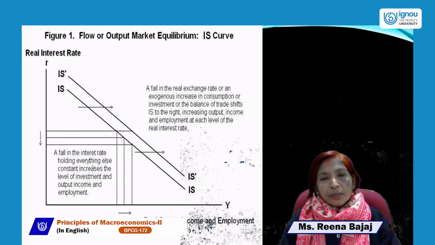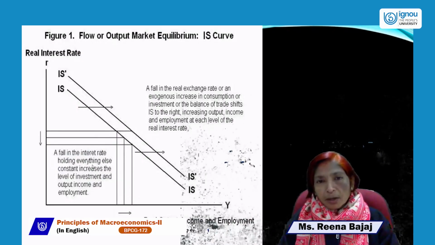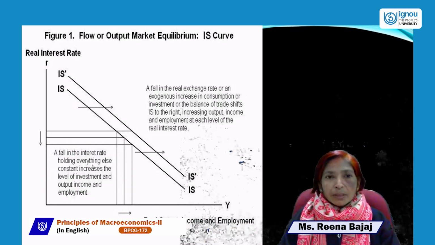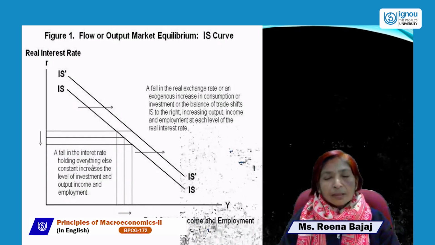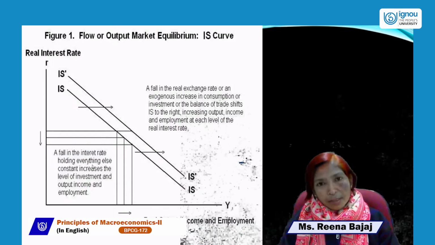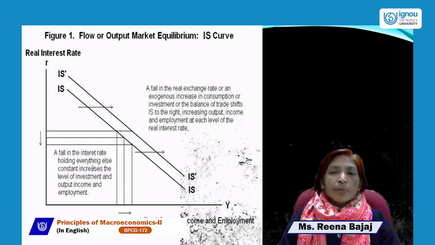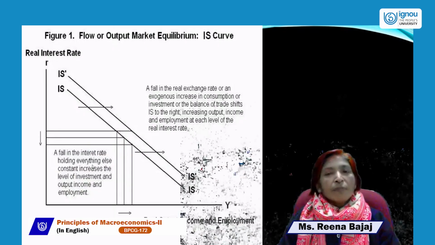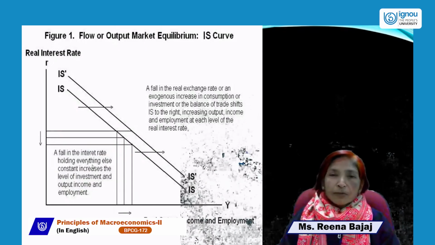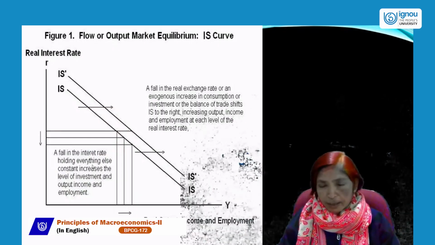So the IS curve can be shifted to the right or left, depending upon exogenous factors or fiscal policy. If the government spends more money for the welfare of the country's people, then the IS curve will shift to the right.